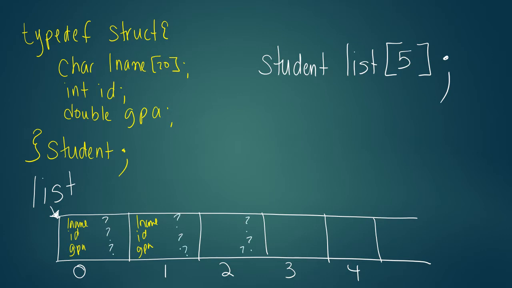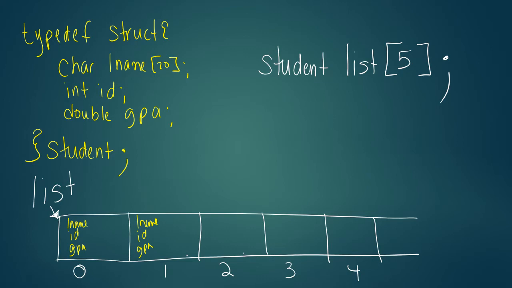Okay, so there's a couple of ways that I can fill in this information. Most likely, the best way to do it would be through user input. You would ask the user to enter the information. So since this is an array, I'm going to declare a number to keep track of how many actual students have been put into my list.